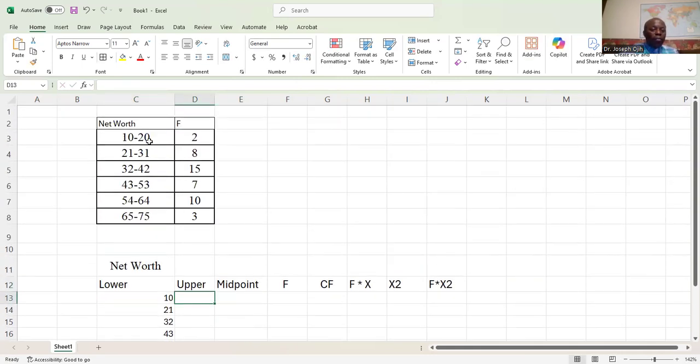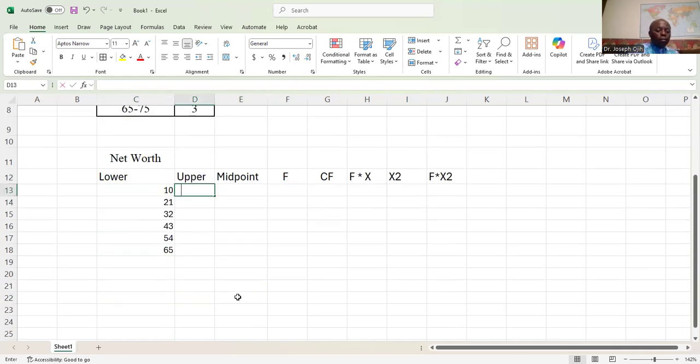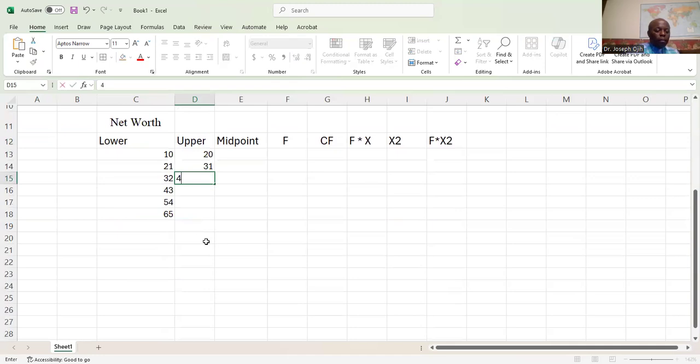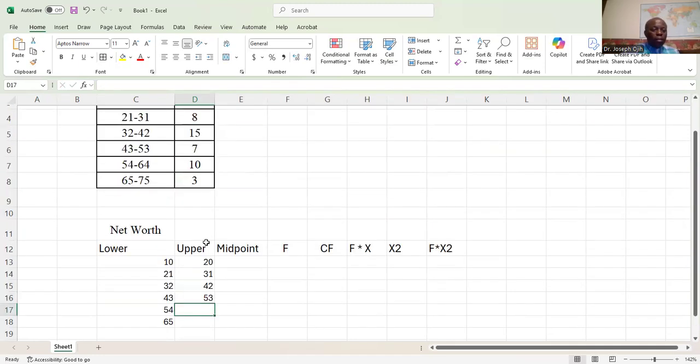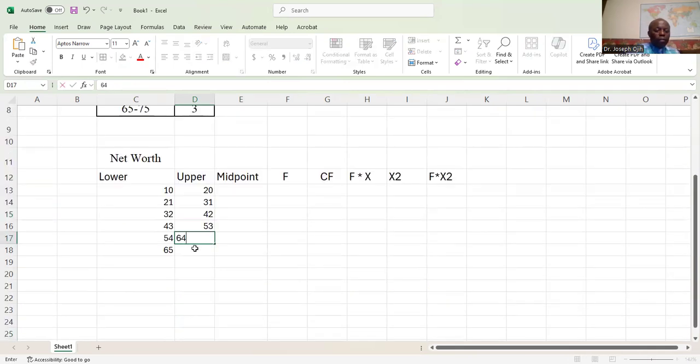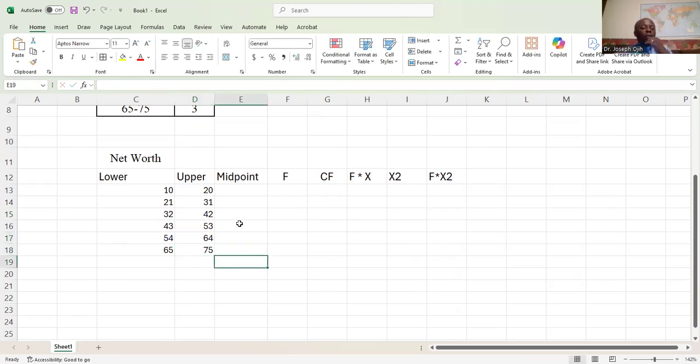For the upper end, we have 20, 31, 42, 53, 64, and 75. Now, to get the midpoint, here is the formula for the midpoint. I'm going to show you right here.